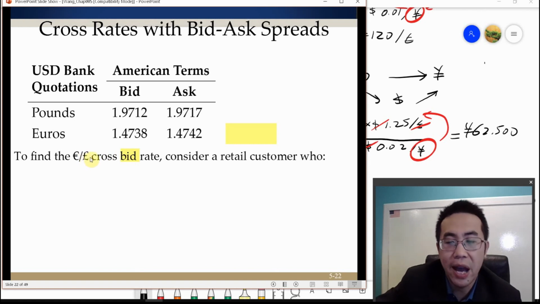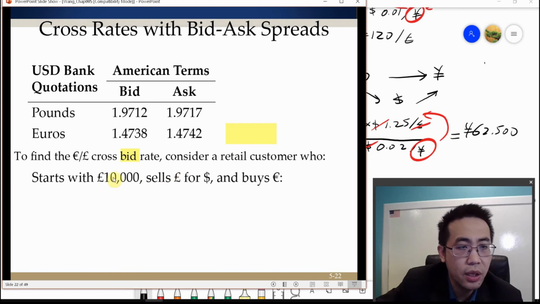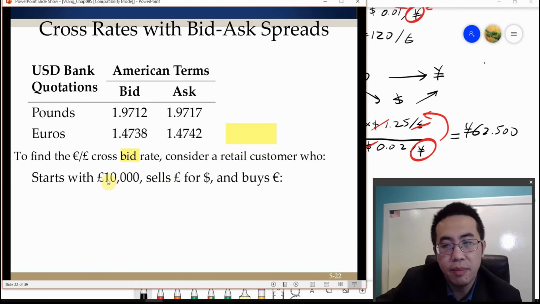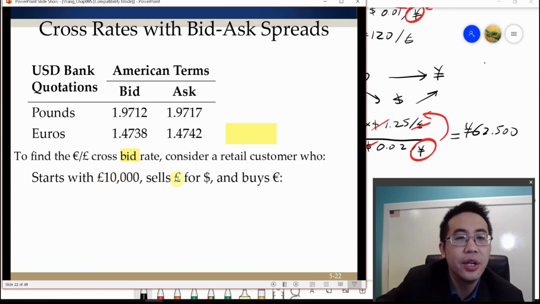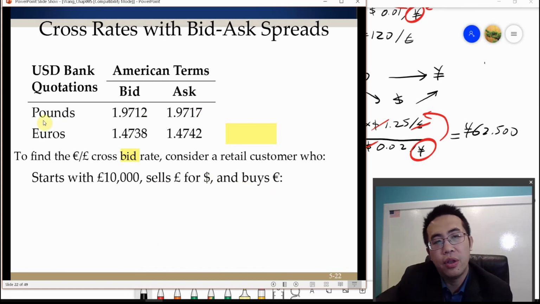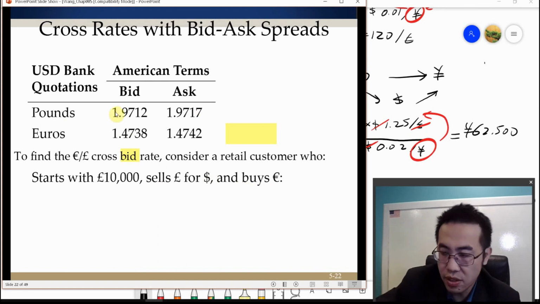So it's about selling pounds. Okay, so you sell pounds in exchange for US dollars, and then eventually you get euros. So you start with 10,000 pounds to sell. As I said, you sell pounds, you get dollars, and then you buy euros. And in this case, both currencies' prices are in American terms.